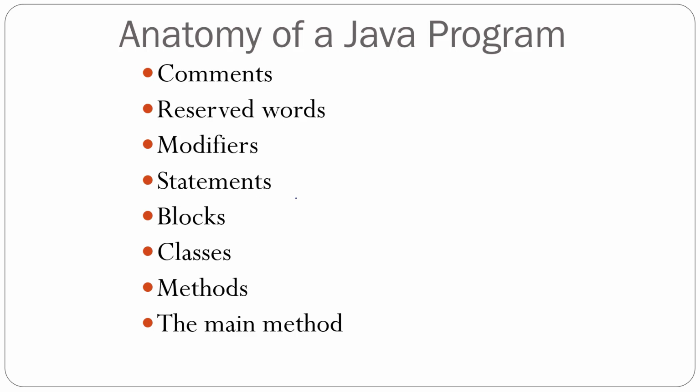Now, what are statements? We did write one statement, which is the most basic unit of a program. The program will have a number of statements in it. The simple program that we wrote had just one statement. So don't worry about these things. We'll discuss these in detail as and when our program gets a little more complex.